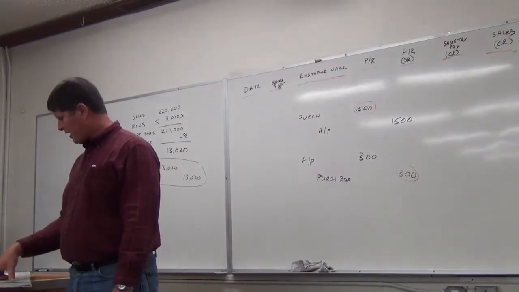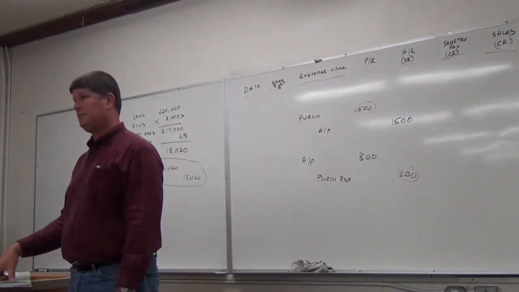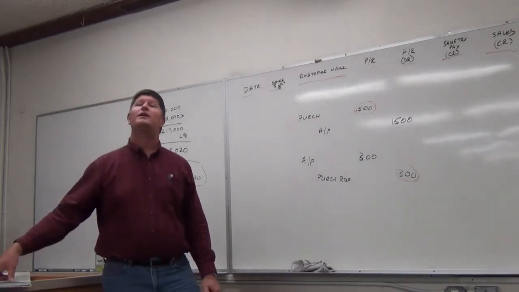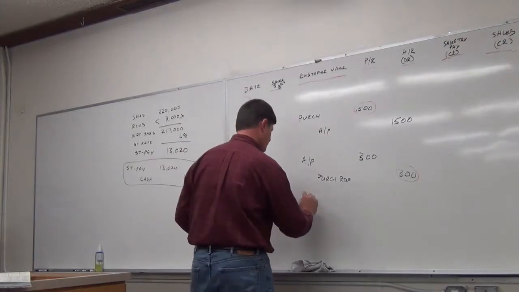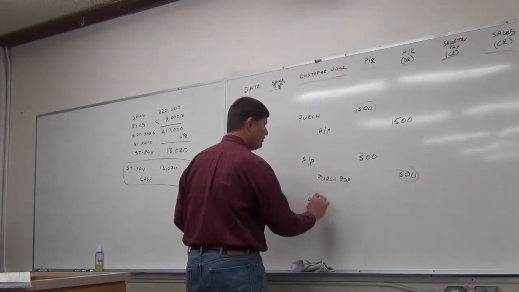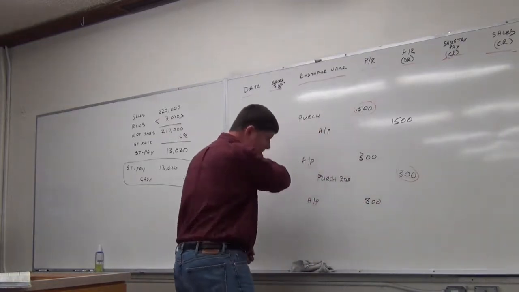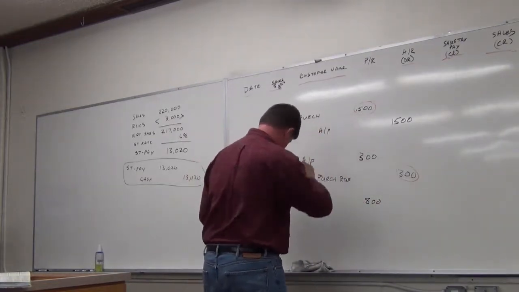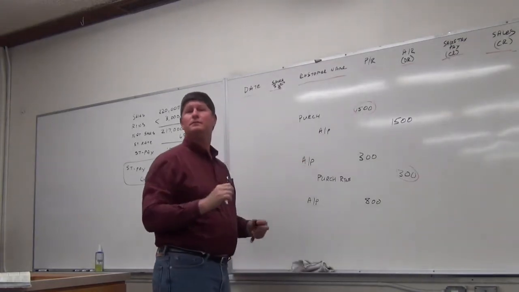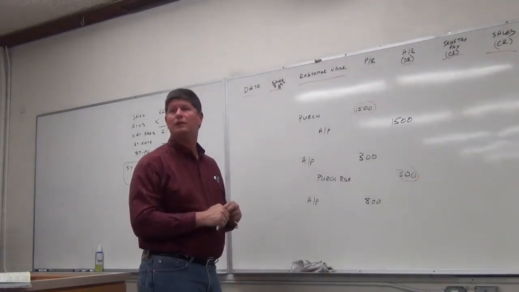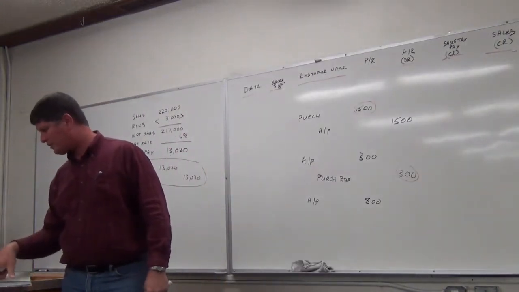Number 3, issued a check for $800 to a supplier as payment on account. Okay, what account gets debited? Accounts payable. Was it $800? Do you have the older book? I'm trying to remember the amount. It says $800, yes.